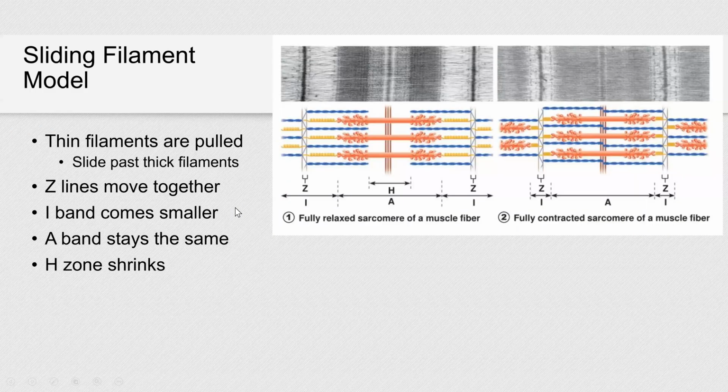And now when we're doing that, right, we are actually pulling actin towards the midline, right? And the sarcomere is now shorter. So here's our sarcomere when the muscle is contracted, and this is our sarcomere longer when the muscle is relaxed, right?